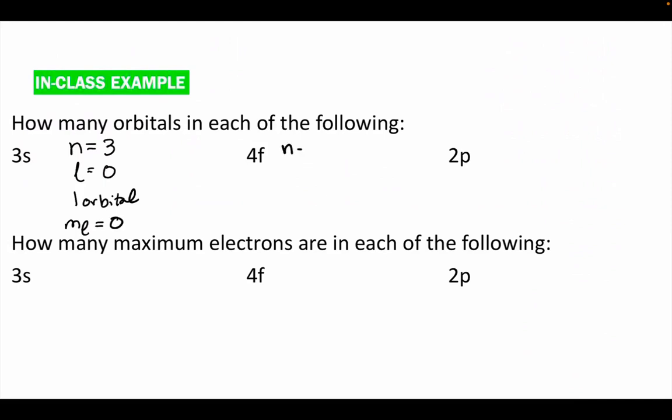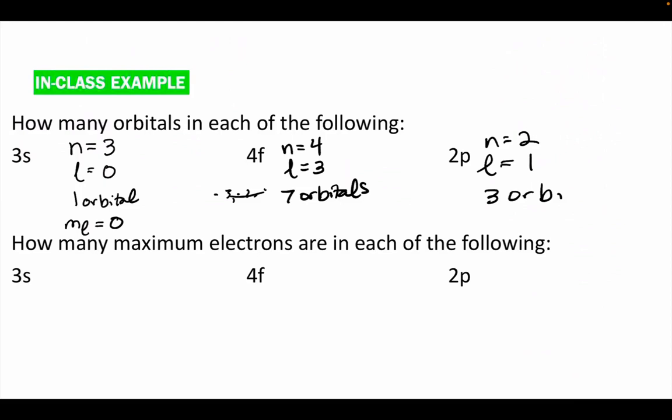For F, if I were to do it, I don't need to do it again, but -3, -2, -1, and so on, I would get 7. So 7 orbitals. And then the 2p, I'm in the second energy level, L is 1, and then remember there's 3 orbitals.